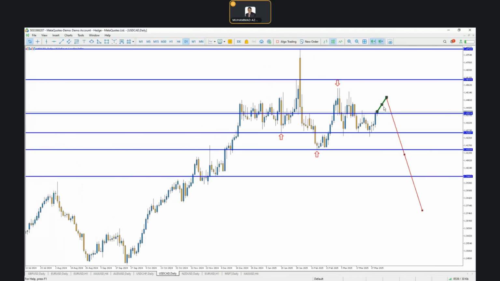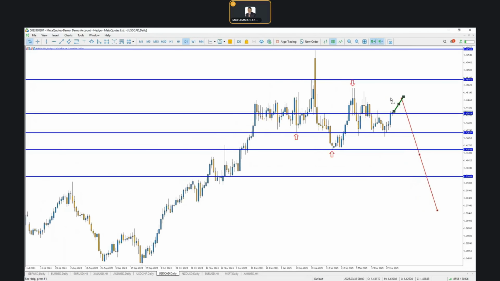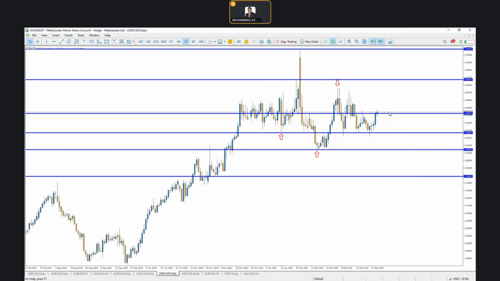Okay, this is the chart of the USD CAD currency pair, and right now USD CAD is trying to rise up over here. We have the support at 1.4258 price level, and price action is probably going to rise up more.